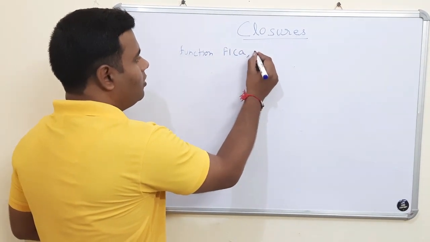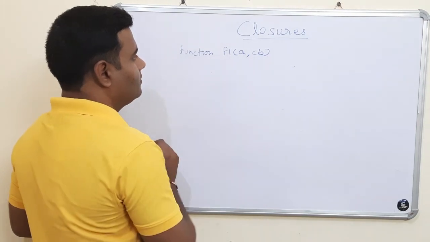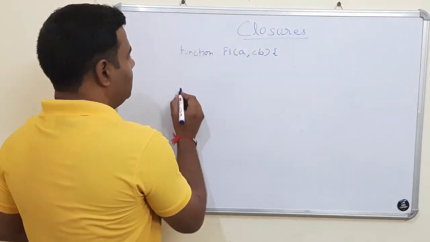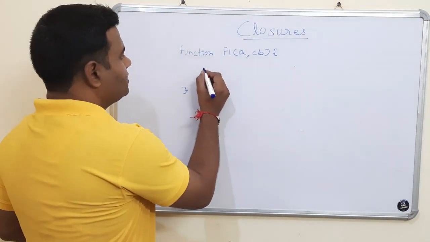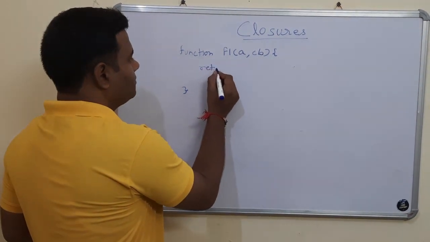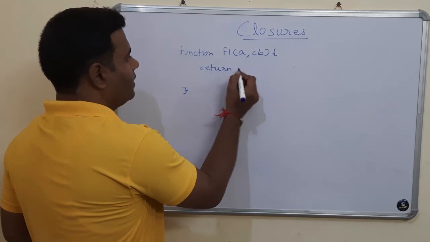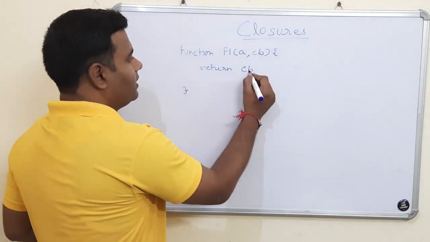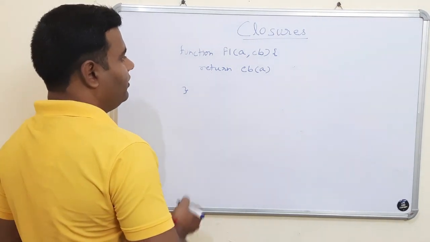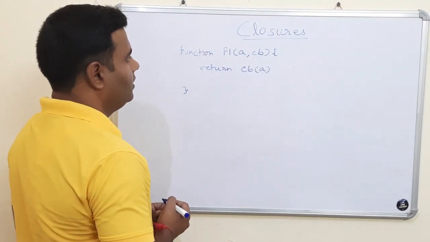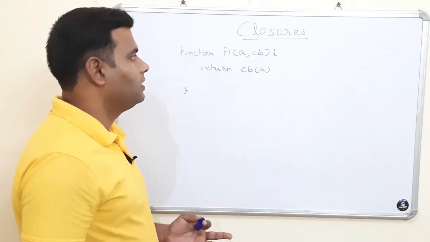So let's call the callback cb. Now what this function does is return a callback passing this particular variable a. This is a very simple function in JavaScript.